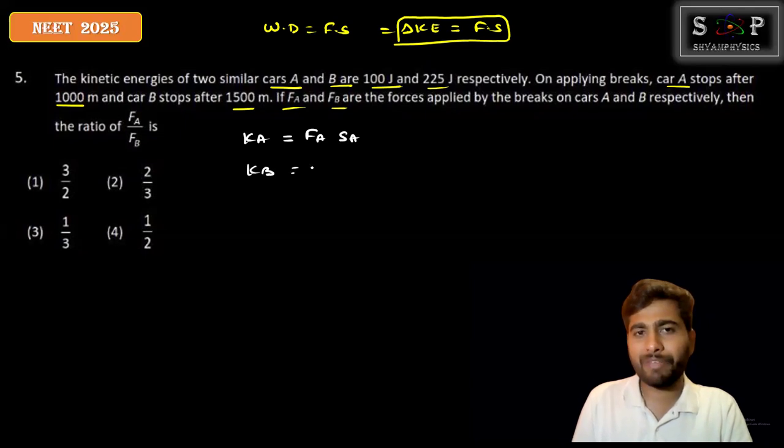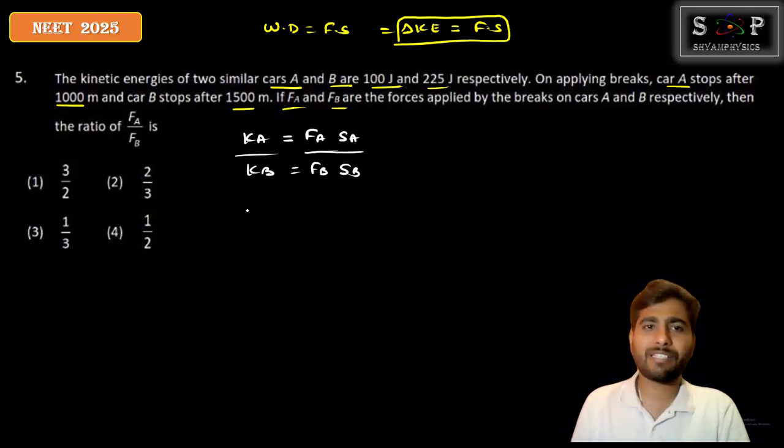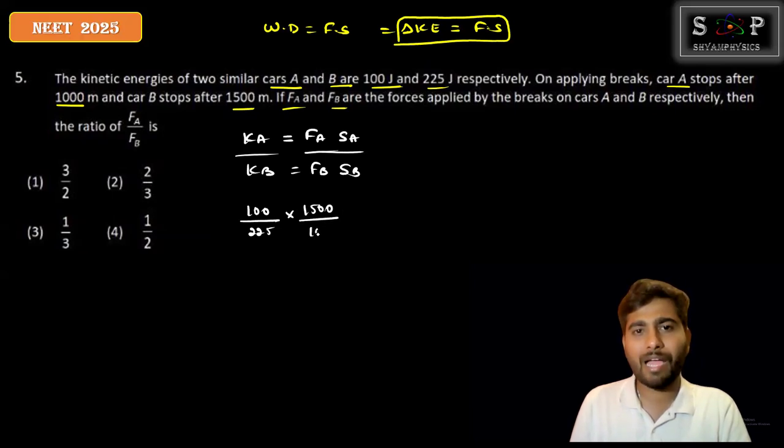Kinetic energy of B will be equal to force applied by B times displacement of B. Taking the ratio on both sides, kinetic energy substituted here is 100 joule by 225, and displacement SB, SA will come to the denominator. Displacement of B will be equal to 1500 and it is 1000, which will be equal to FA by FB.